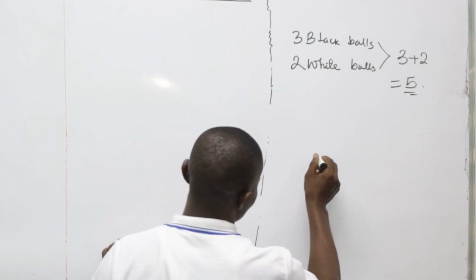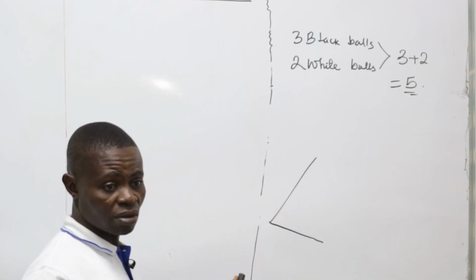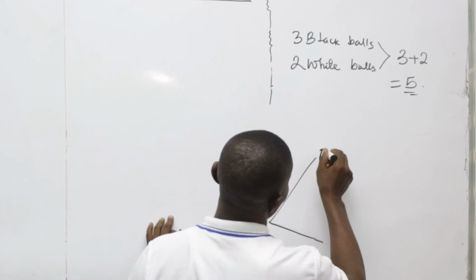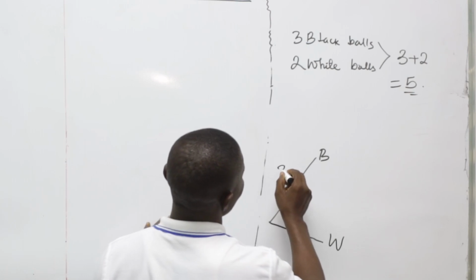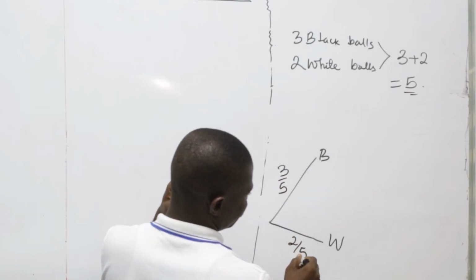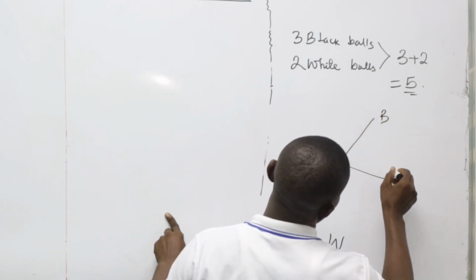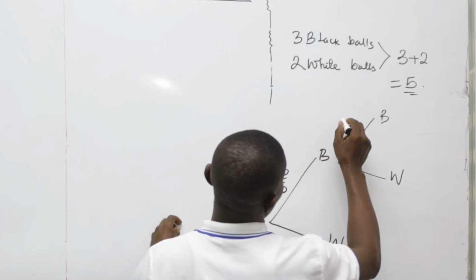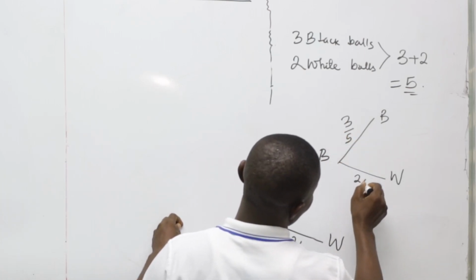Okay, from the tree diagram, we can still use the other method. We'll have the black balls and the white balls. So for black, 3 over 5. For white, 2 over 5. Now they said it is being replaced, meaning it's not without replacement. So we maintain the normal numbers.